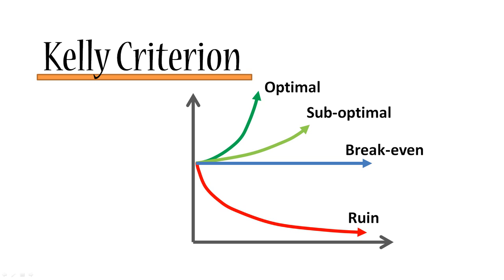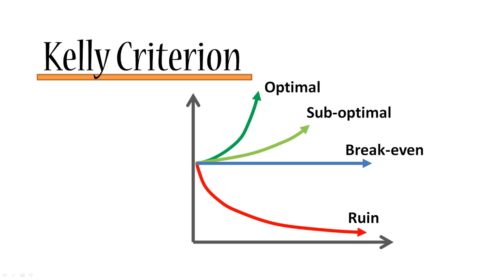Then there's lots of different percentages that lead to a suboptimal outcome. You're still winning, you're still making money, but you're not making the most out of this opportunity. Then there's a third type where you're breaking even, so you're not winning but you're not losing. It is a great trading strategy, but you somehow manage to not make money out of it, so you're breaking even with your original balance.